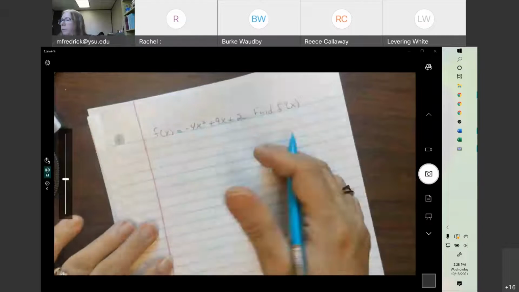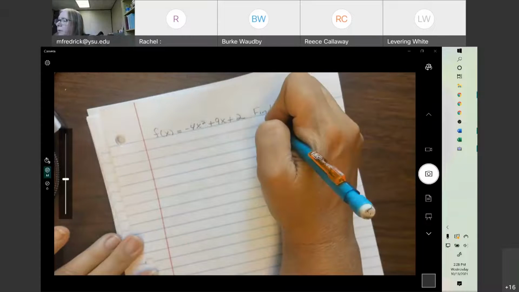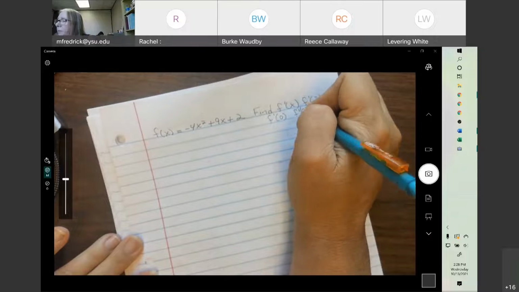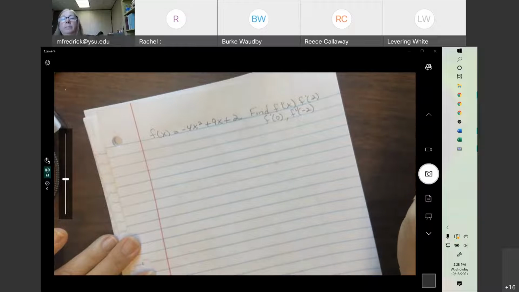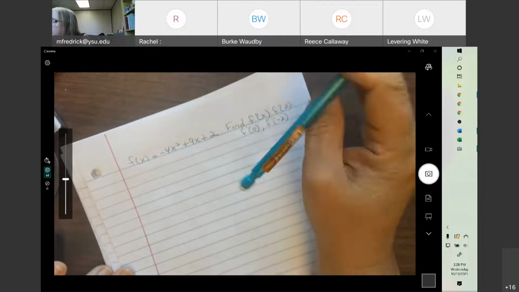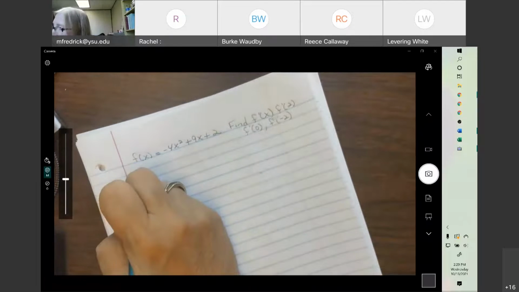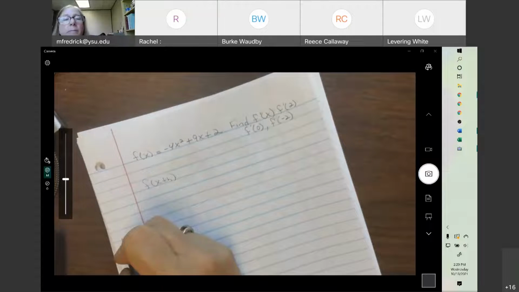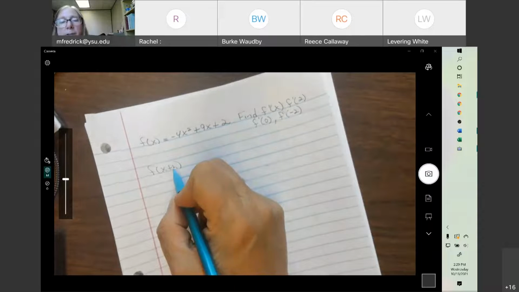So anytime you're given one where they ask you find f prime of x, f prime of 2, f prime of 0, and maybe f prime of negative 2, find this one first, and then you just plug these values into it. So using the 4 steps, the first thing we find is f of x plus h. That means wherever there's an x, we put x plus h.